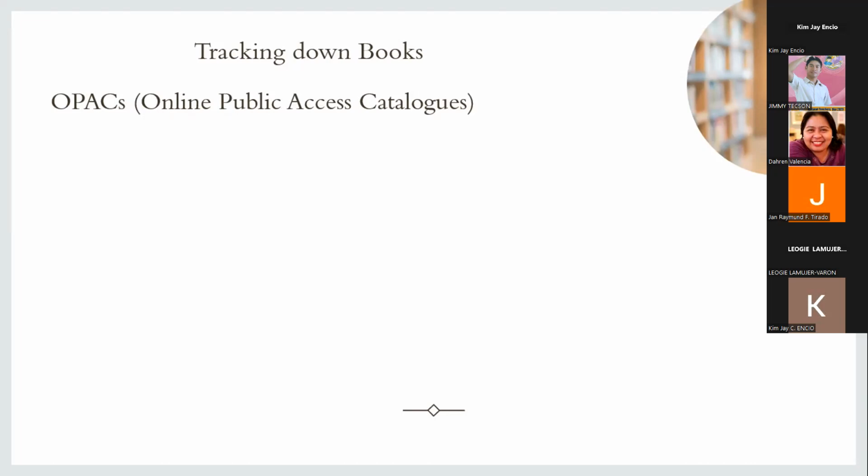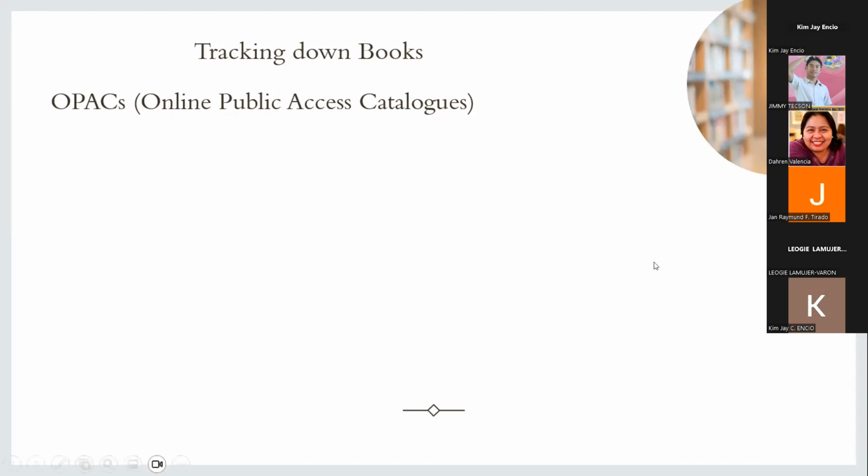As a student, as a faculty, or at least as an employee of that institution, they should be providing you access to the catalogs. And oftentimes, may mga PDF copies of those books, which would be very useful again.